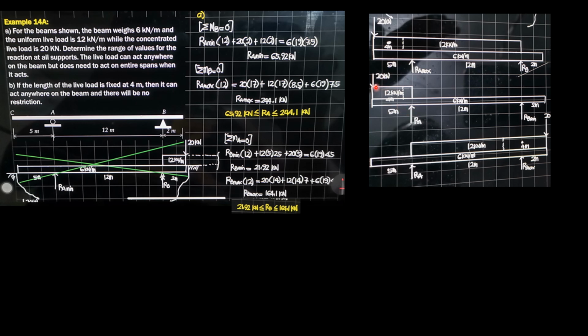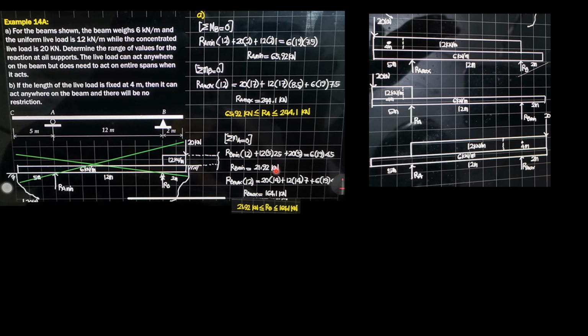By the way, the other end of the 12 kilonewton load is on the ground or on the road, and that part will be carried by the road or the ground. Then equals 6 kilonewton per meter times 19. Half of 19 is 9.5, but because we sum up moment about A, so 9.5 minus 5 is 4.5. So RB minimum is 21.92 kilonewtons.